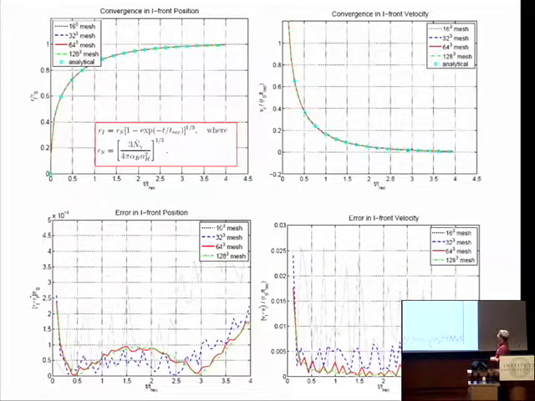This is actually the error in the I-front position, the difference between the analytic and the numerical divided by the analytic, and this is 10 to the minus 3. Some of the coarse resolution results are hard to see here, but they're up here, and we get second order convergence to less than 0.1%, actually 0.05% at 128 cubed.